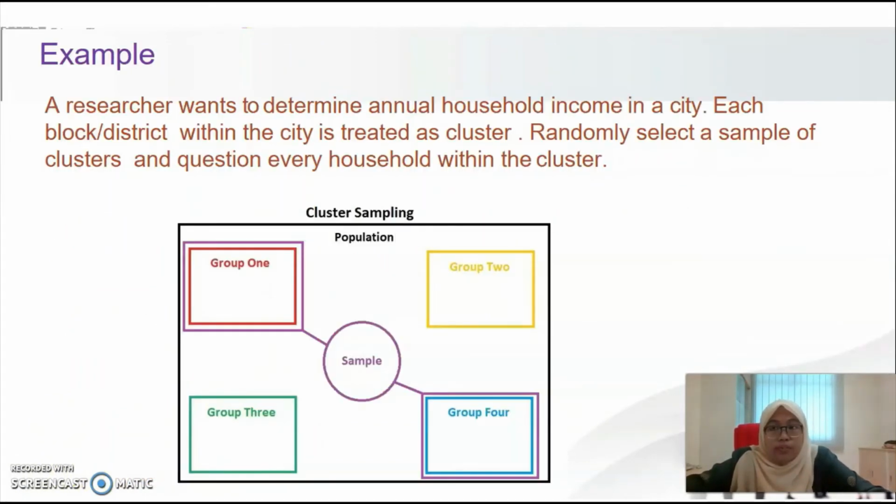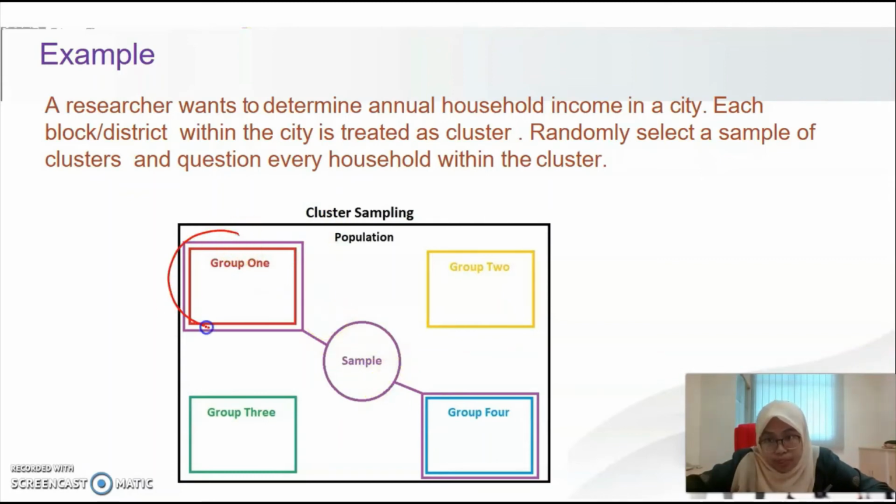Okay, for example, a researcher wants to determine annual household income in a city. Each block within the city is treated as a cluster. Randomly select a sample of clusters and question every household within the cluster. So, let's say we have this population. In this population, we have 4 clusters, 4 groups. Now we are using cluster sampling. So, in cluster sampling, we just pick a few clusters randomly.